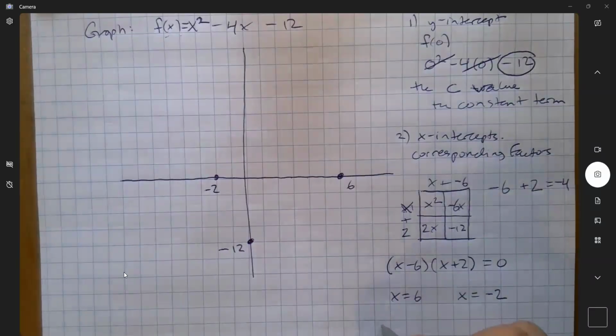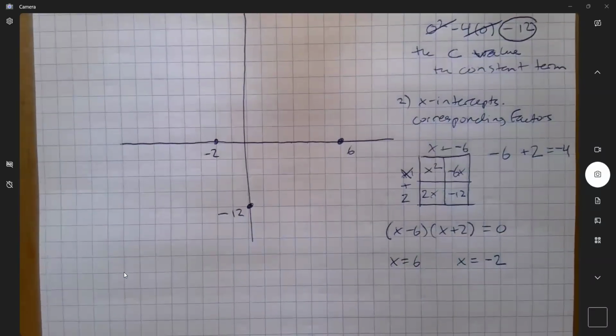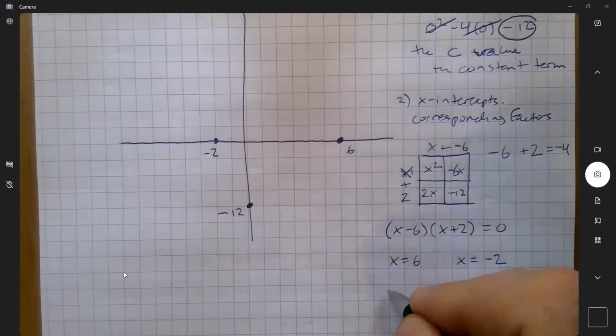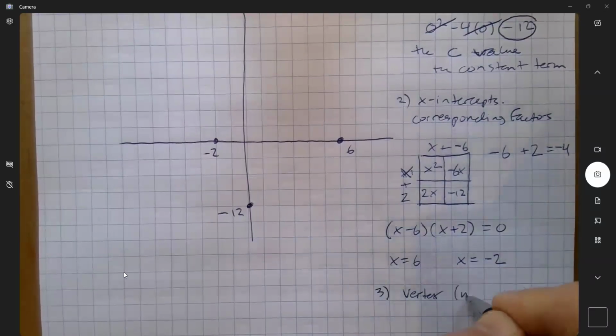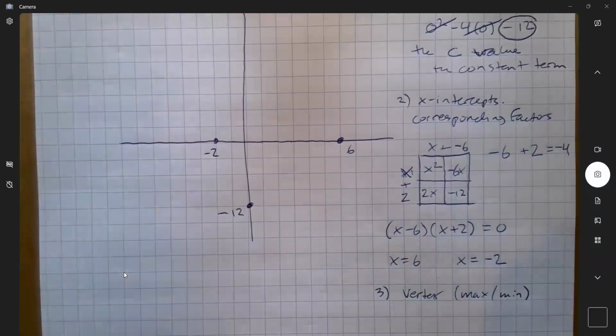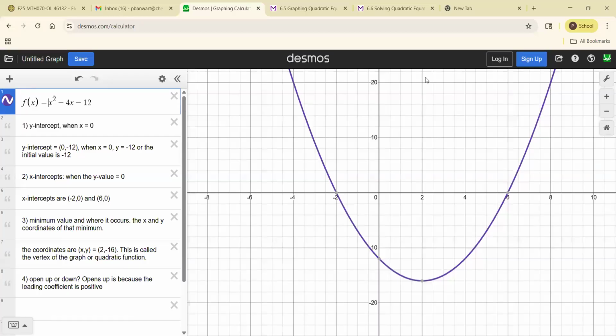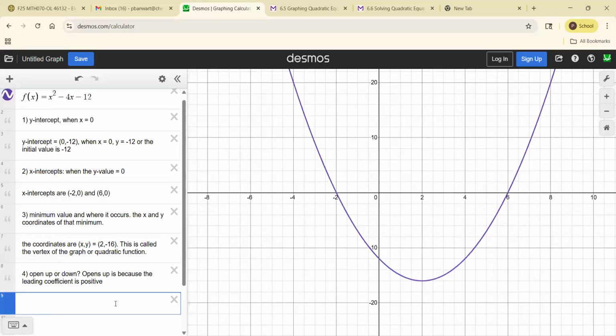Let's come back to the vertex because there's something interesting about the vertex. Well, let's do it now. The vertex, the max or min. What I want you to recognize, let's take a look at the graph again, the one that's already built in Desmos, is that this quadratic function is symmetric. It could mirror over itself.